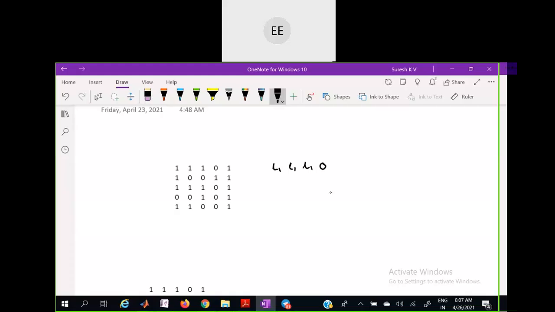Then the next one you have to label. As you can see, this is 0 and this is 0, so definitely you have to give a new label to this. That new label, I'll give it as L2. Then when I come to this position, the only pixel that is labeled is this, because this is missing here. It's a border pixel. So I'll label this as L1.